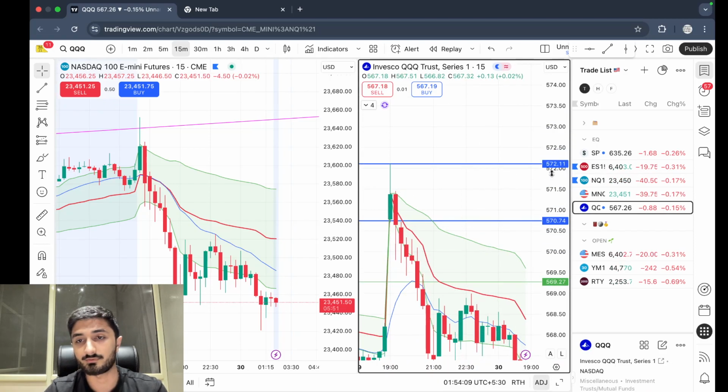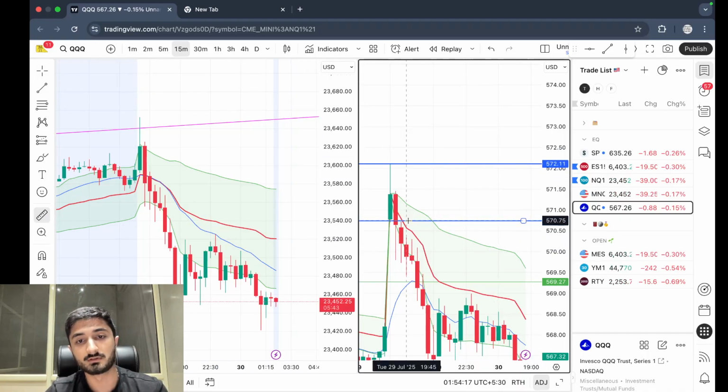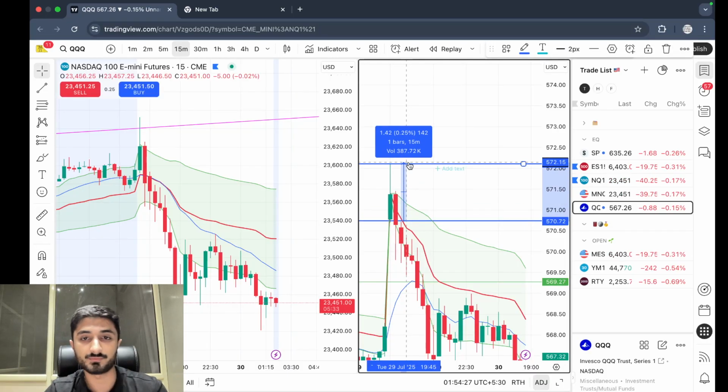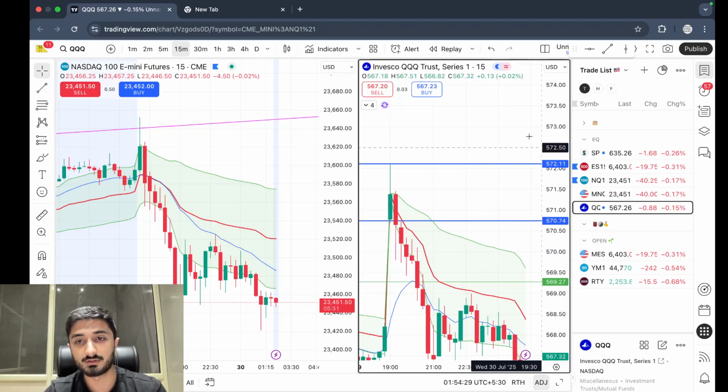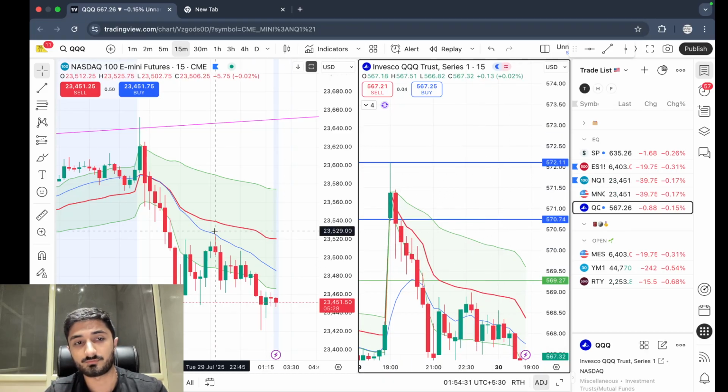QQQ is an ETF of Nasdaq, as SPY is an ETF of S&P, and ES as you know it in the futures space. You will see the first 15-minute candle after the open. You mark two blue lines around it.